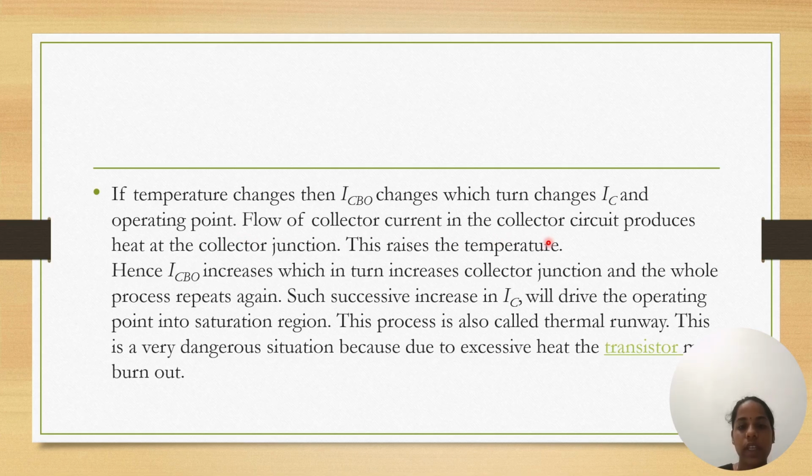The flow of collector current in the collector circuit produces heat at the collector junction. This produces thermal runaway. This raises the temperature, hence ICBO increases, which in turn increases the collector current, and the whole process repeats again.